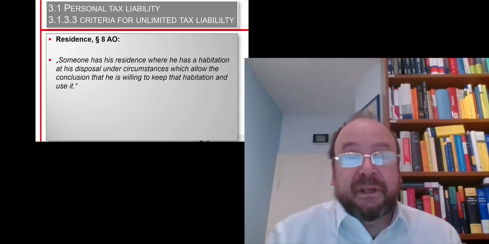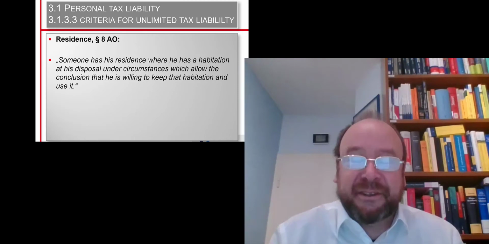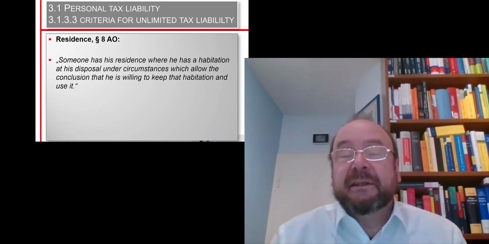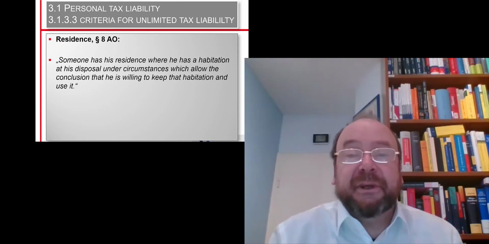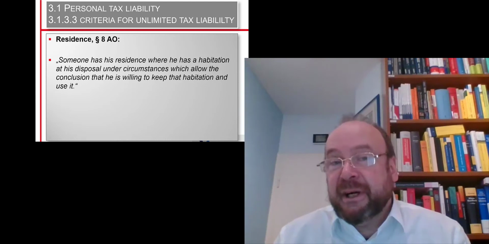You know, nothing is for eternity. And so to keep that habitation means to keep it for a longer period of time. That is not defined in the law.